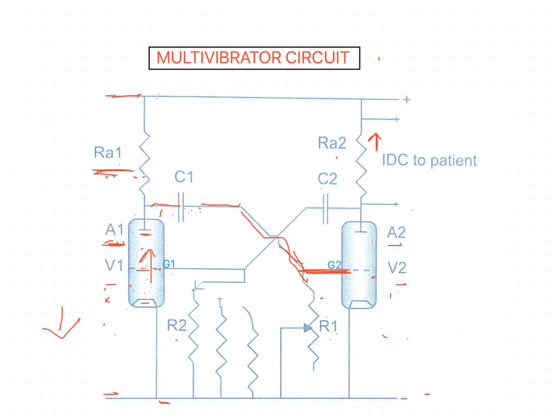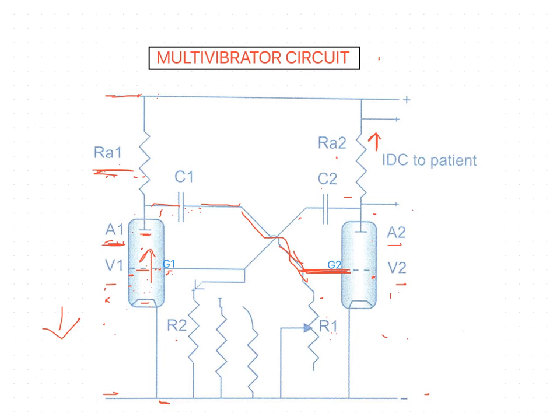Thus, the difference of potential between A2 and the positive supply line is increased, and A2 becomes less positive now. That means it is more negative. So now the negative charge is transmitted via C2 to G1. So from this, the electrons are passing from C2 to G1, making it more negative.